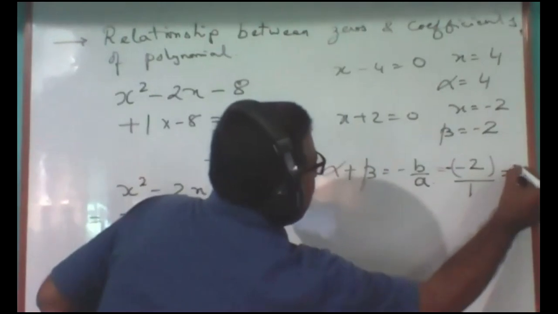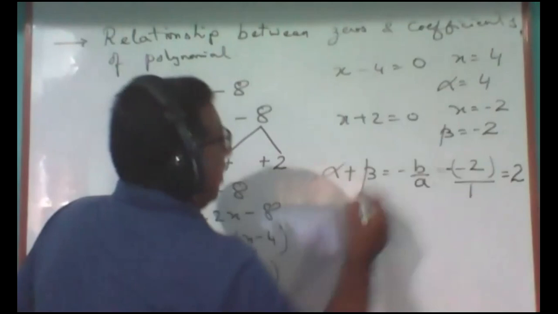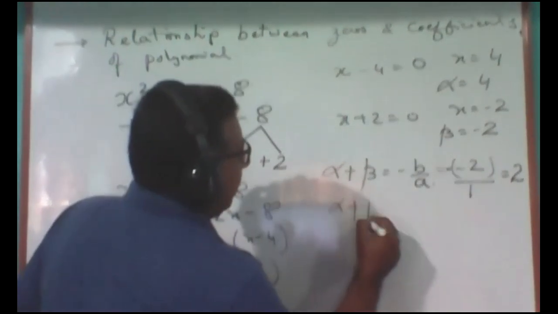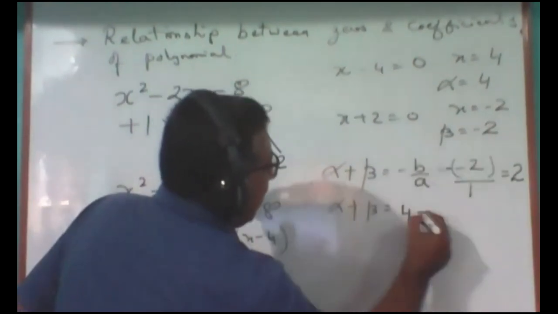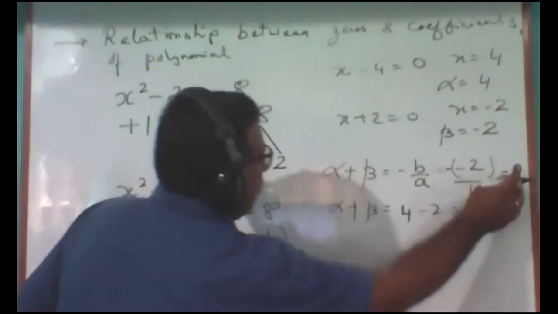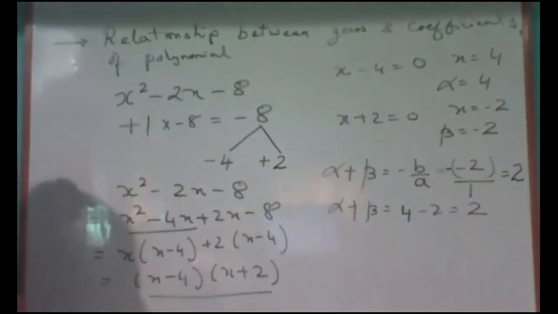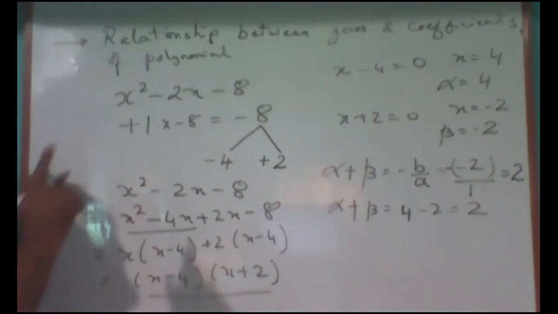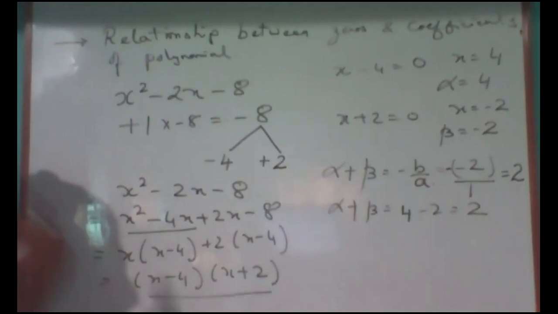So the answer came 2. Alpha plus beta, alpha is 4 and beta is minus 2, so that is 2. You can see both ways you get the value 2. That means there is a relationship: alpha plus beta is equal to minus b by a.